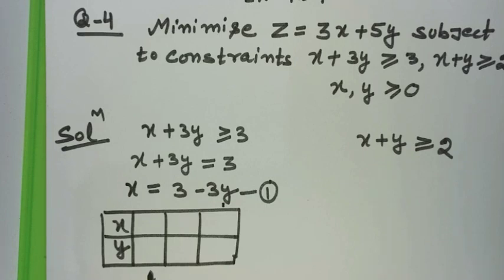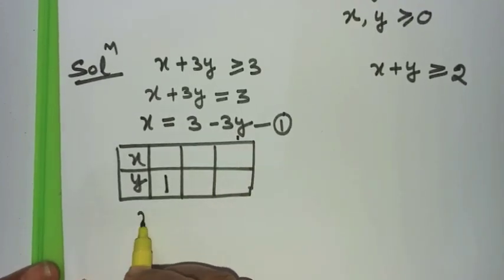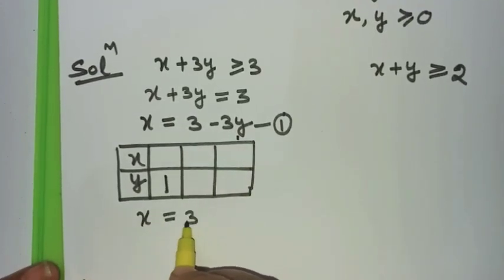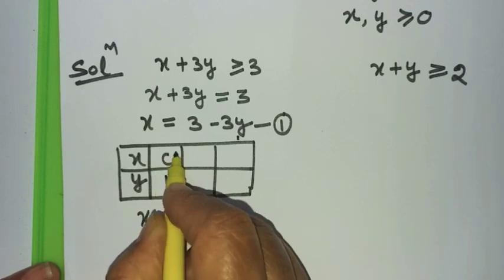So, first of all, let me assume y is 1. The equation is x equal to 3 minus 3y, so x is 3 minus 3 into 1, which is 0. So, when y is 1, x is 0.